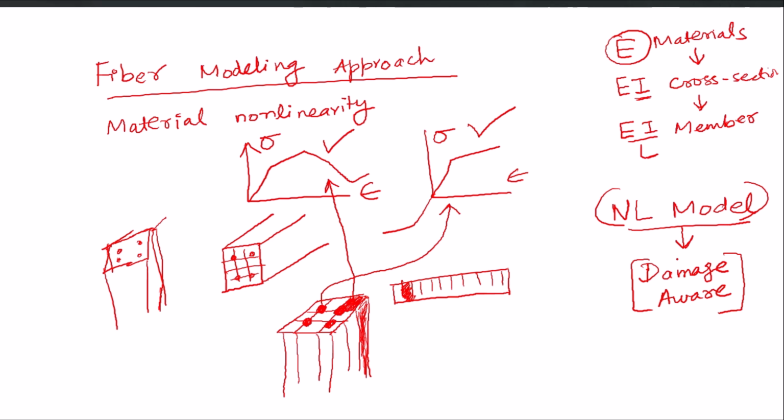Now each fiber has three properties. One is the stress strain curve associated with that fiber. Other is the location of that fiber along the cross section, about the local axis. And third is the area of that fiber, the cross sectional area of that fiber. So if I divide this column cross section into a 3 by 3 grid, one concrete fiber will have an area equal to 1/9 of the total cross sectional area of the column.